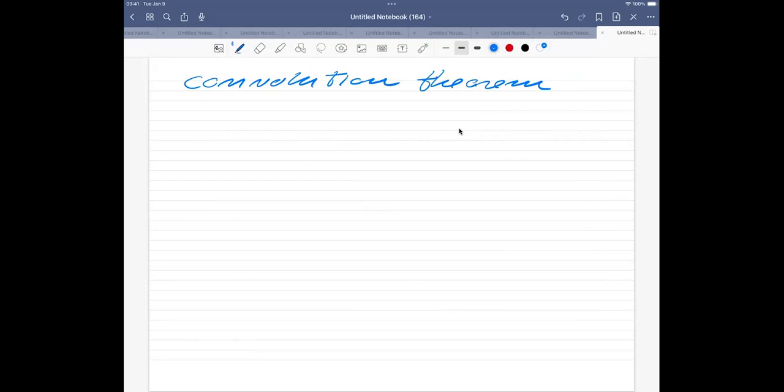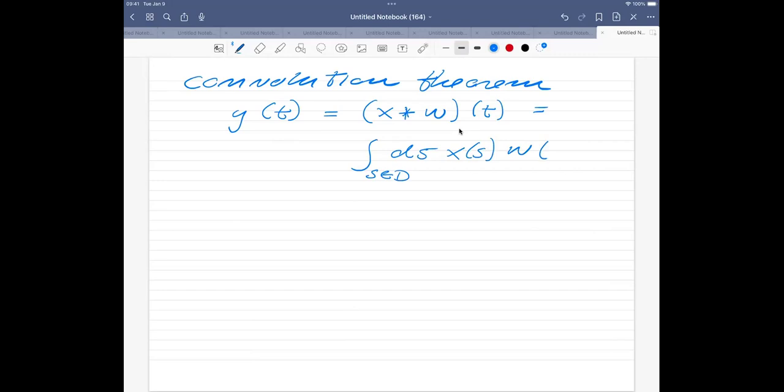It says that a function y of t is given by some function x, and then we normally write the convolution sign with this asterisk, times some function w as a function of t, and that is given by an integral over a variable s. This s is defined in a specific domain, which we just leave unspecified here. And this has an x of s, and then there may be a weight function where we have t minus s.